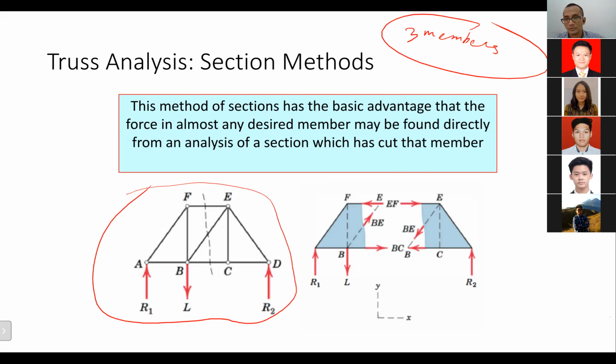Actually, you don't have to cut only 3 members, but when you cut, you have to remember that the number of equations we have is only 3 per free body diagram. So the number of members that you can cut actually depends on that. So it's not necessarily 3 members.